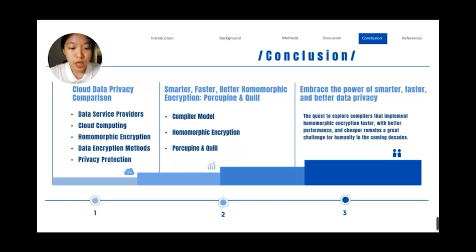We introduced a compiler model, Porcupine, and Coyote, which automatically generate homomorphic encryption code that is faster and better at realizing the potential of homomorphic encryption than the traditional hand encryption method. Based on our research, the quest to explore compilers that implement homomorphic encryption faster, with better performance and cheaper, remains a great challenge for humanity in computing decades.